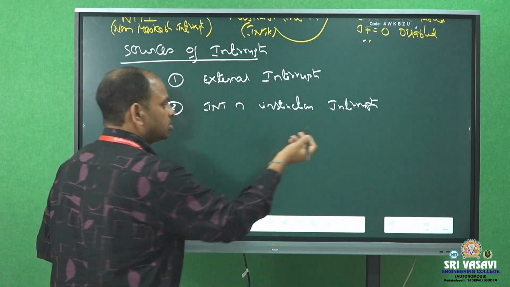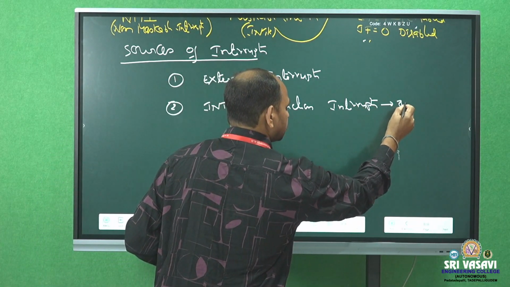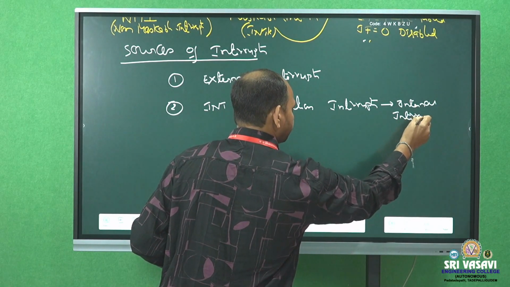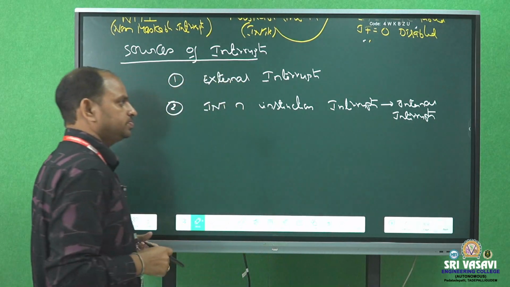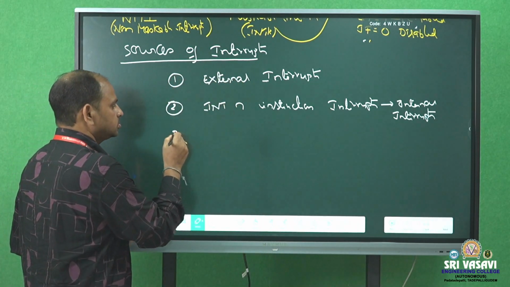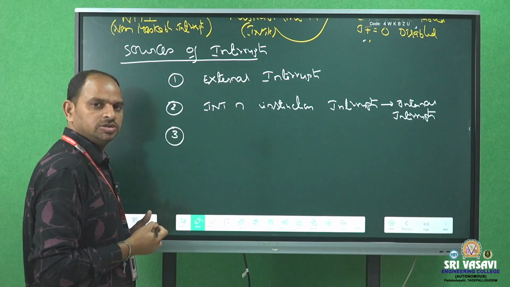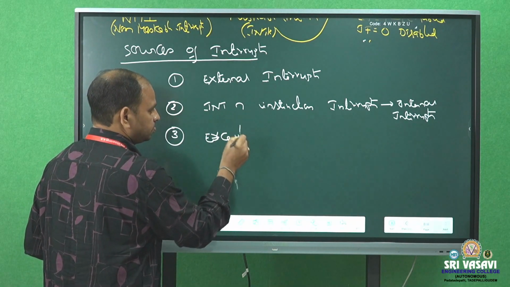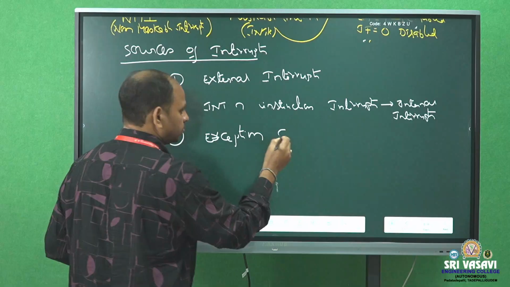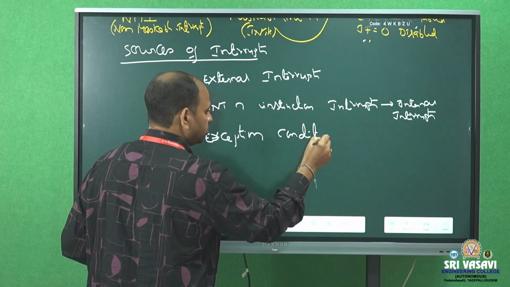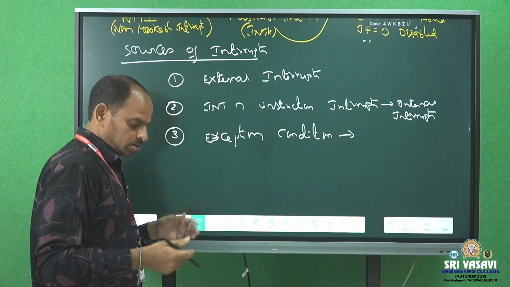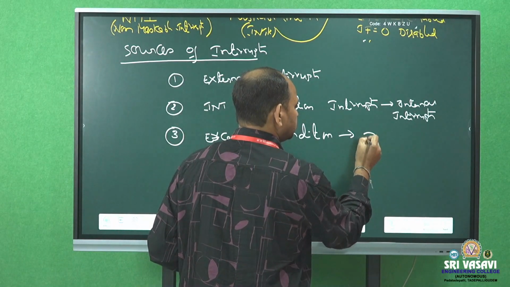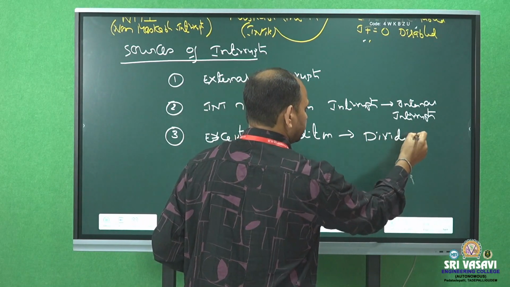These are called internal interrupts. And the third one is interrupts generated due to some exception condition, for example, divide by 0 error.